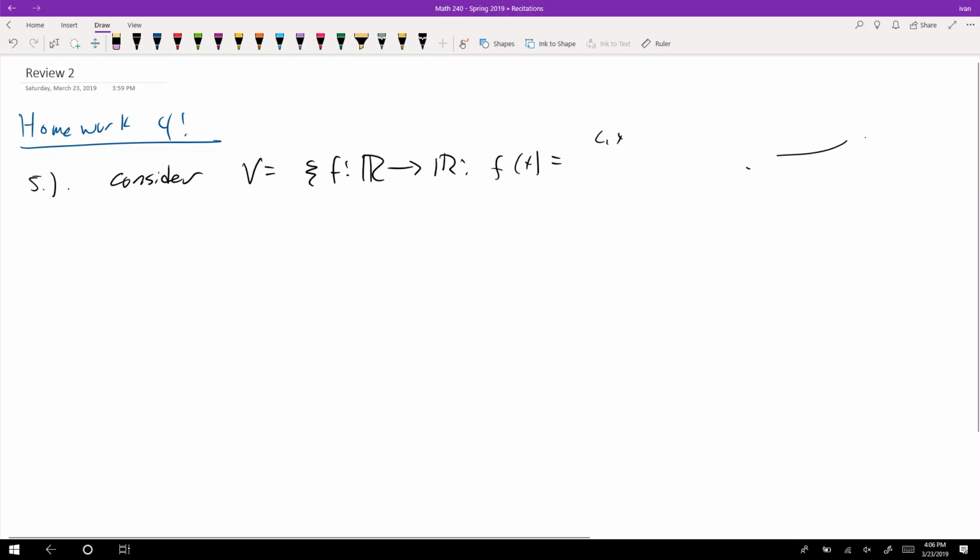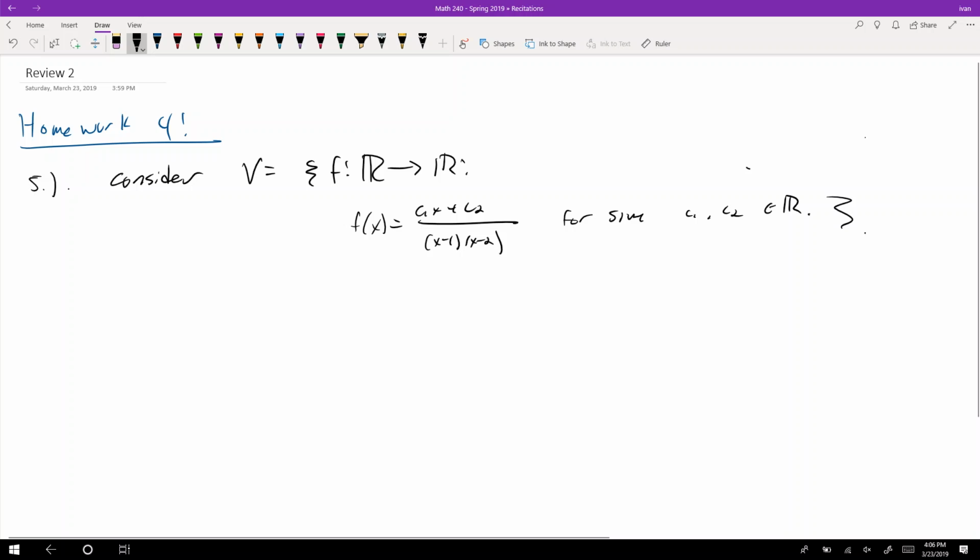So that was not a good spot to be putting this problem. Okay, part A is show that V is the subspace of all functions.